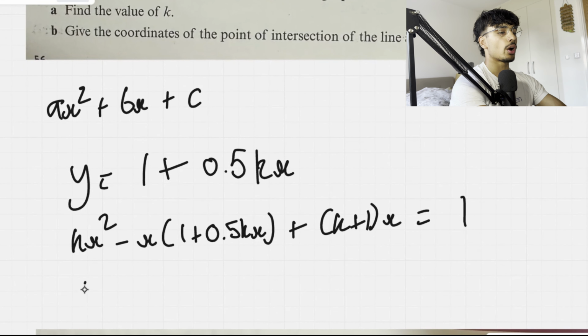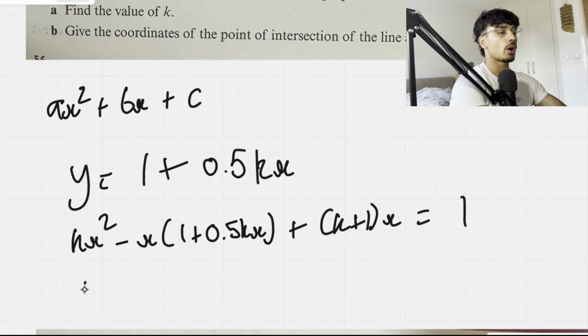Okay, so we know that the minus x and the plus x cancel out. So we're just left with the plus kx, and then we've got the minus 1 is equal to 0.